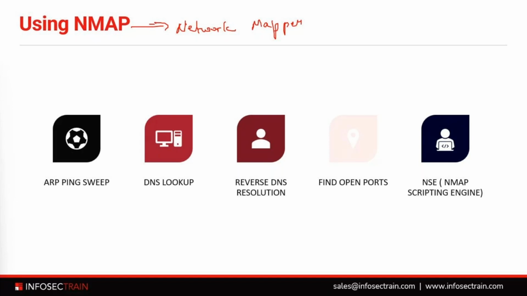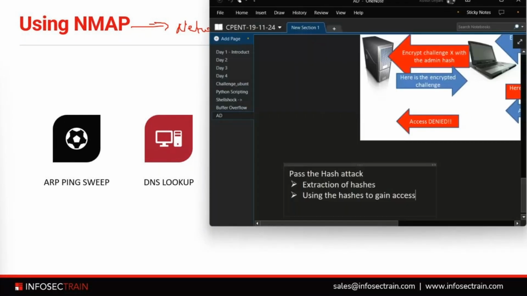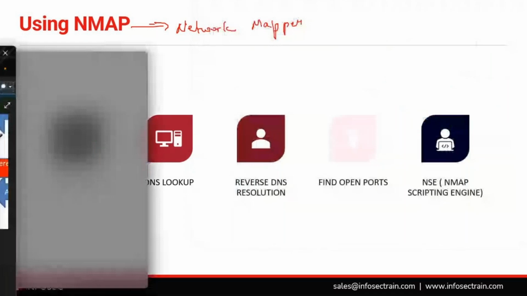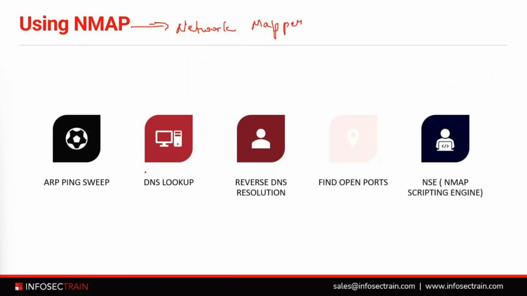Now, when we are talking about Nmap, we have to understand how it works, right? So Nmap works in 5 steps, right? First, it does ARP ping sweep. Now, what do you mean by ARP ping sweep?